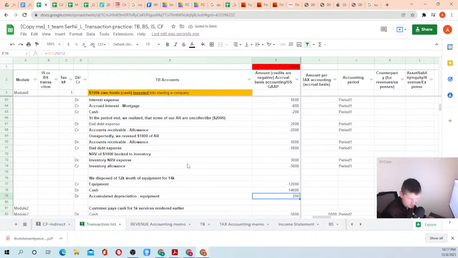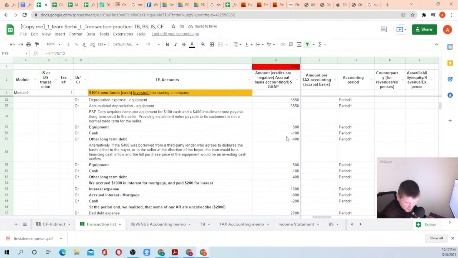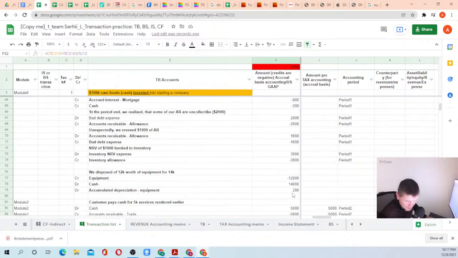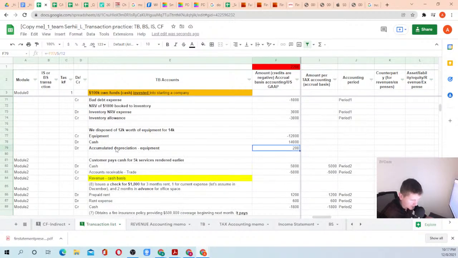If you remember, here we calculated depreciation for all of our fixed assets. We just bulked it all together. And here we deduct only the one related to that piece, that 12,000 of equipment.